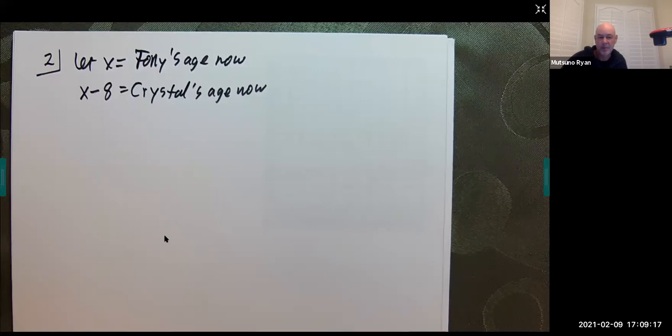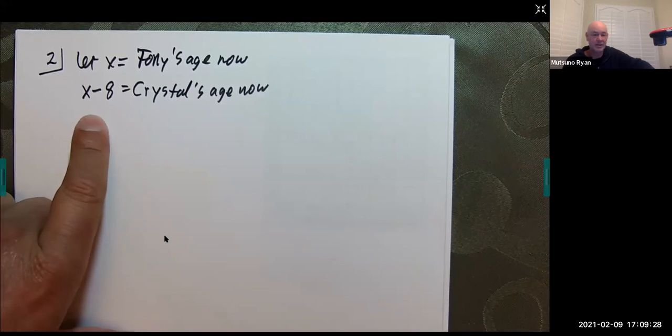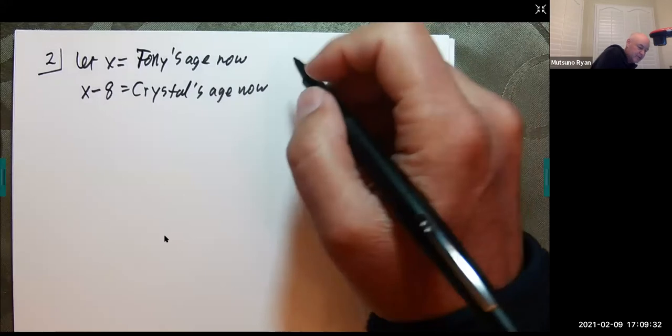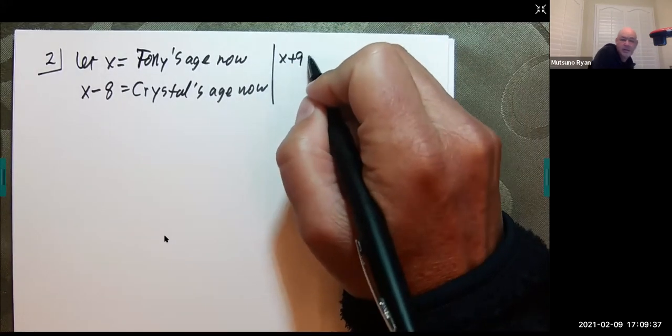Now, I know in the problem it says older, and some of you were taught, like when you see older, that automatically means plus. We got to push past that. We need to actually understand the question. If Tony is older, then Crystal has to be younger, has to be 8 years younger than he is. Now, the other side of that is x plus 9 years, right?